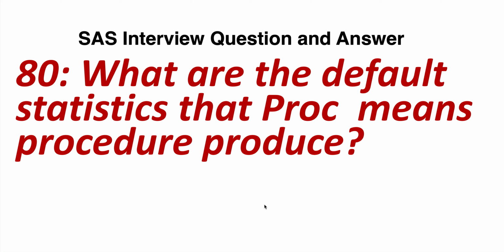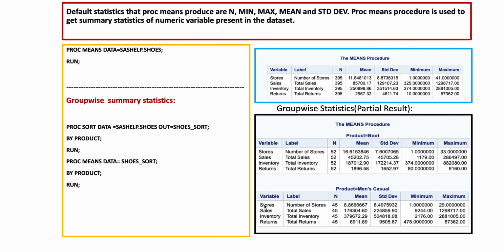There are 5 statistics, and those are the defaults. The proc means procedure is used to get summary statistics for numeric variables present in the dataset. That means for a dataset, it will produce results only for the numeric variables.